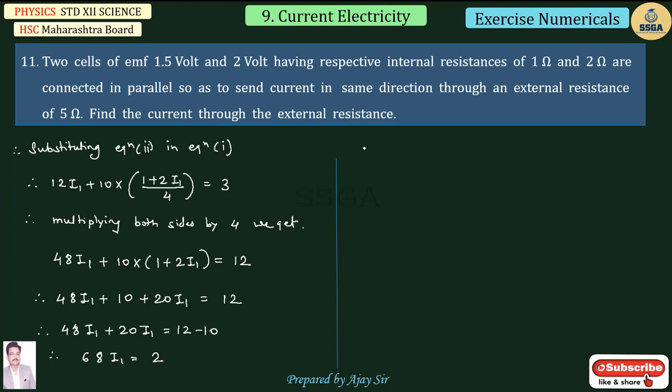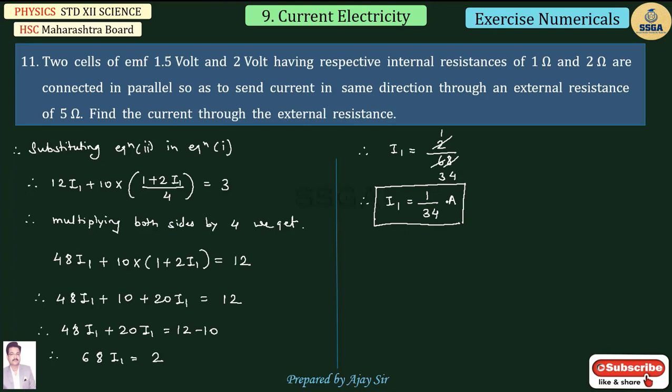Therefore I1 is equal to 2 divided by 68. So I1 is equal to 1 divided by 34 ampere. So this will be the first part, that is current I1. Similarly you will get current I2.